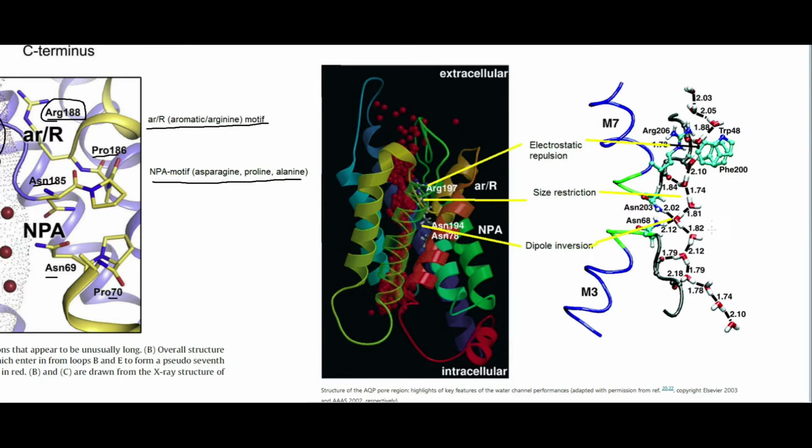So you can kind of see these little red and white V shapes are the water molecules, where the red is the oxygen, the white are the hydrogens. So we see that this has a size restriction here, and this also has a dipole inversion, where we see coming in, the oxygens are kind of pointing downward, whereas when it comes out here, the oxygens are sort of pointing upward. And so it's sort of flipping the water molecules over as they go through.